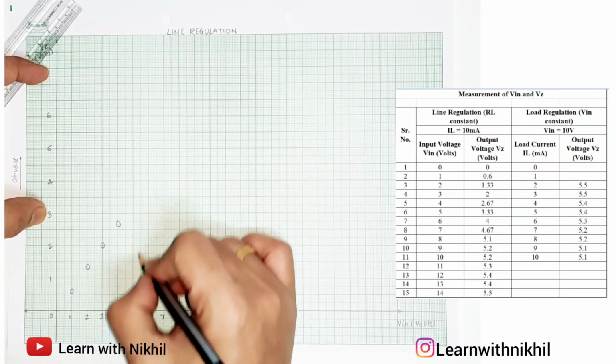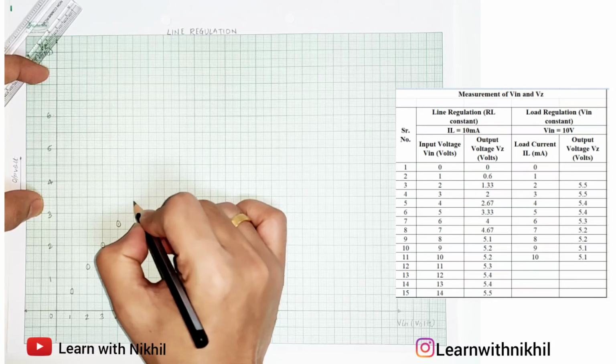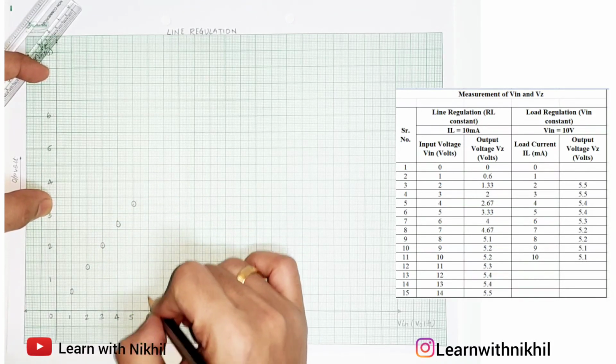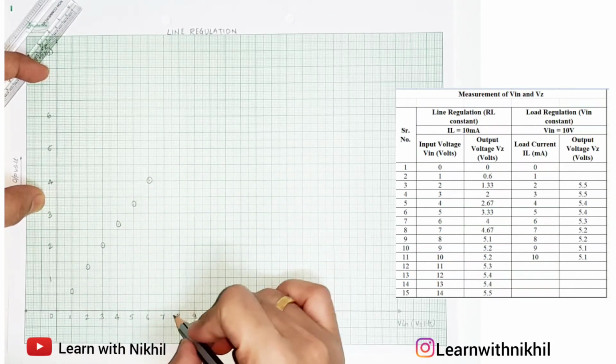Then for 5 it is 3.3. So according to that, mark all the points.